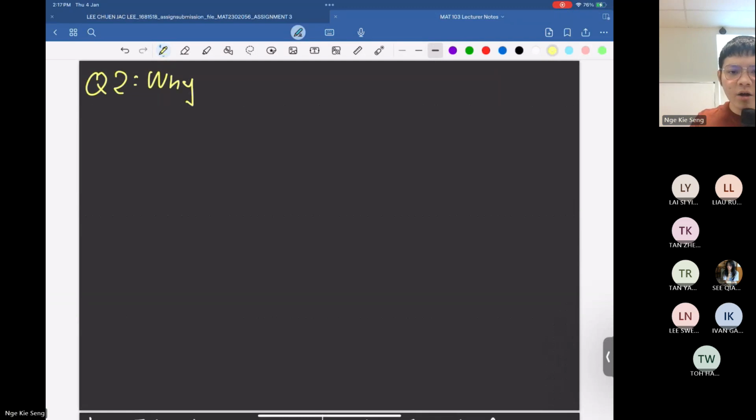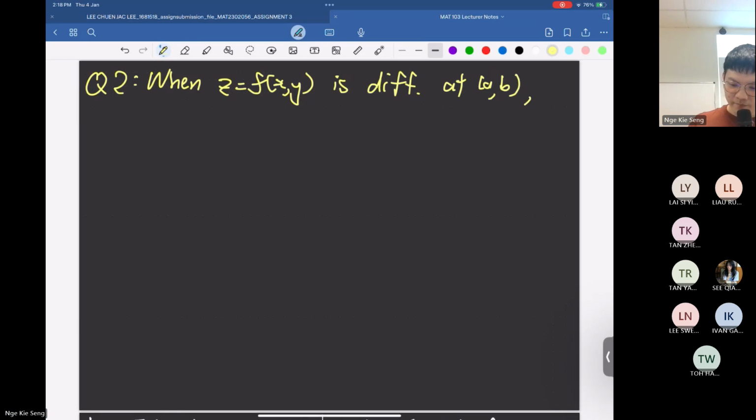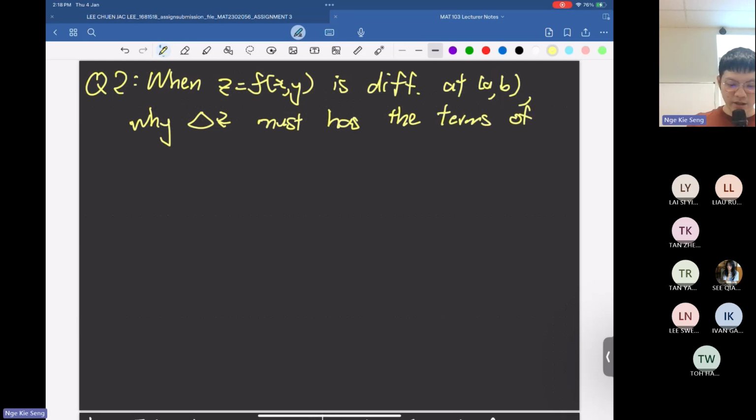Why, when z equals f(x,y) is differentiable at (a,b), z plus as the terms of partial derivative.